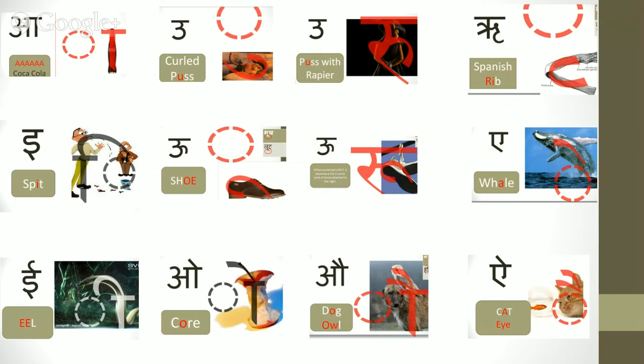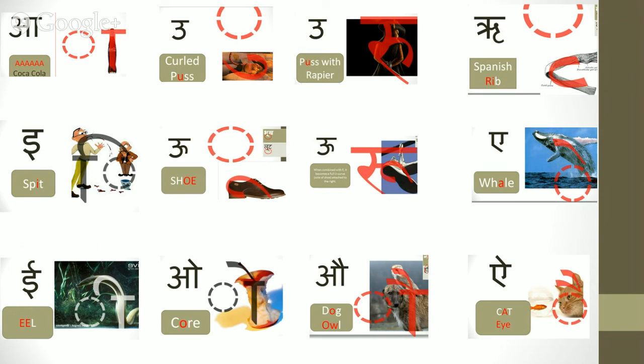And so here we have the full table. You may want to do a screen capture, download the slides, print this out. You can see side by side all the different matras. A, u, two different forms. Ri, I, spitting on people. U and ru.